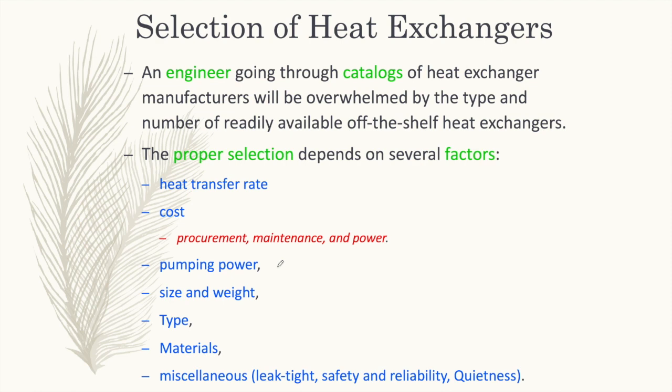First, heat transfer rate: which type of heat exchanger will give you the best heat transfer rate. Then if you choose, for example, shell and tube, what about the cost? Or if you want to select a compact heat exchanger, you have to understand the cost of fabrication.